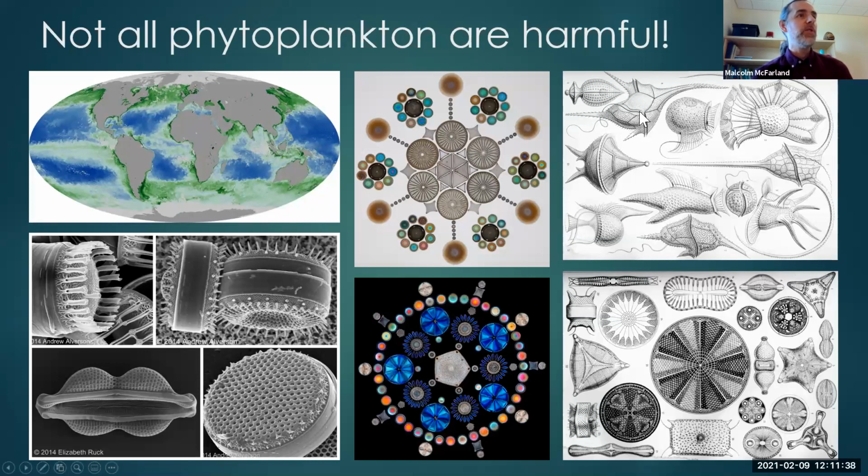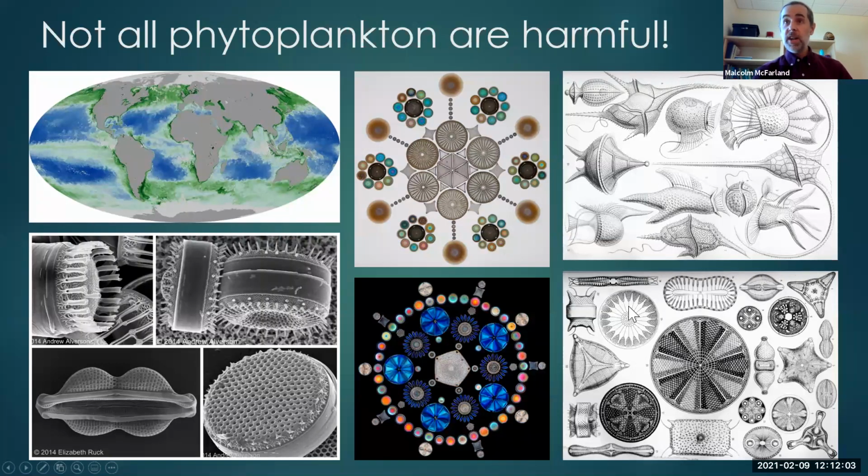And on the right, you see some old illustrations by a scientist and early naturalist named Ernst Haeckel. And he was absolutely fascinated by these types of organisms. And you can see he's drawn, maybe in a little bit of an exaggerated way, but not too exaggerated, all the different types of organisms that he was able to discover.